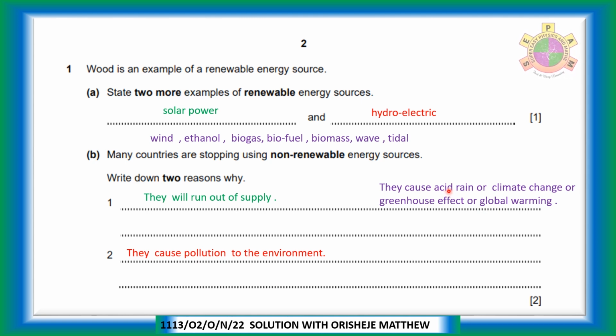The pH value is less than 7. And they cause climatic change and the greenhouse effect or global warming. So these are some of the reasons why countries are phasing out non-renewable energy sources.